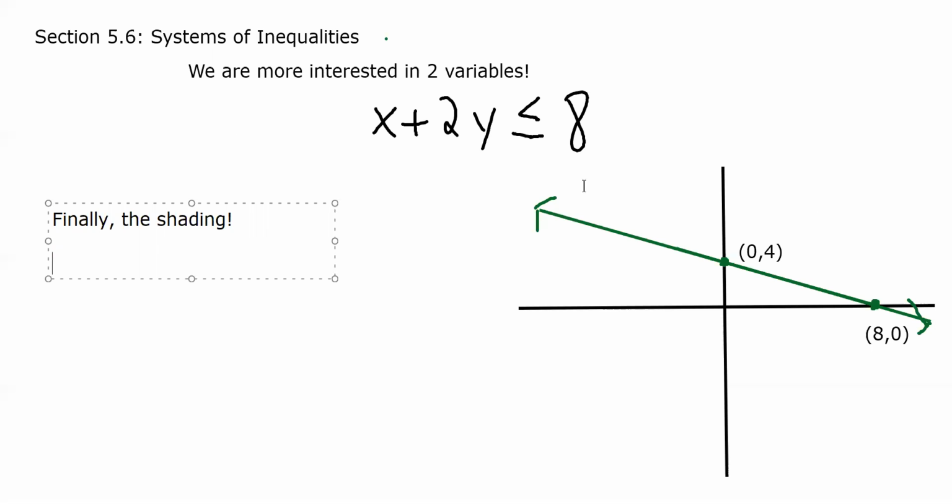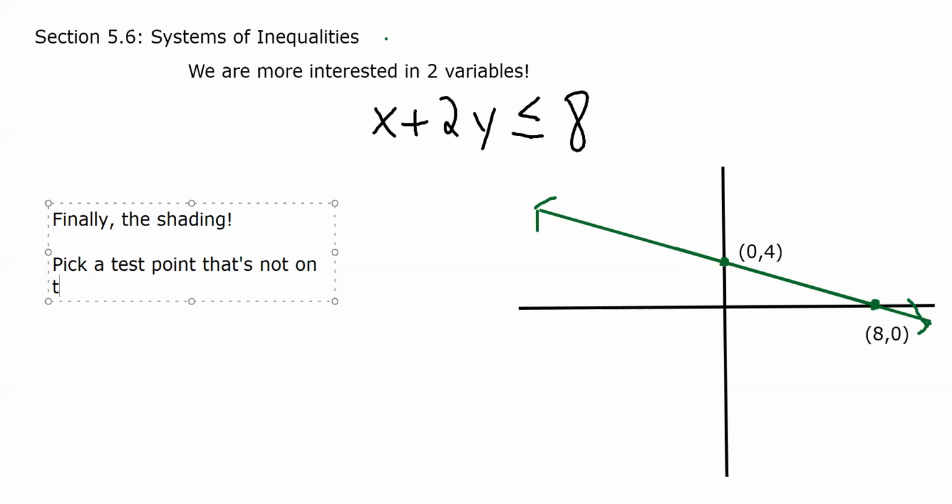After we've graphed the line and decided whether it should be dashed or solid, we're going to end up shading the entire region either below the line or above the line. So you're going to pick a test point that's not on the line. You can pick any point on the graph as long as it's not on the line.